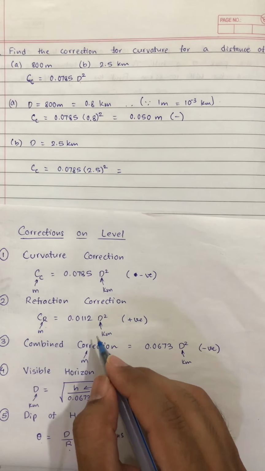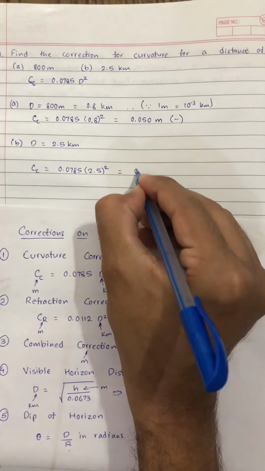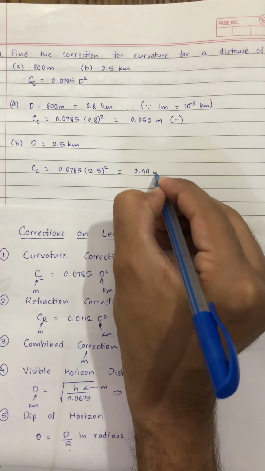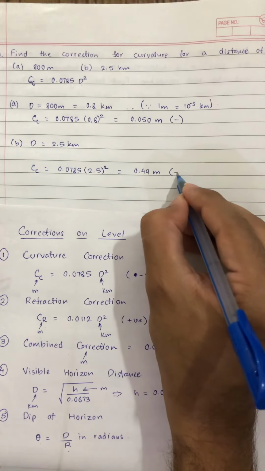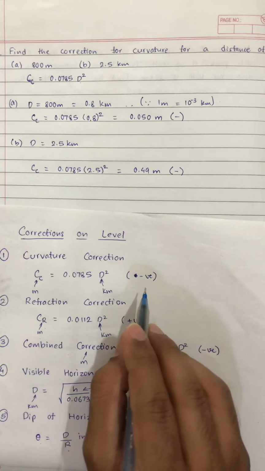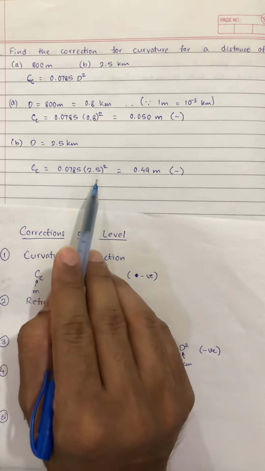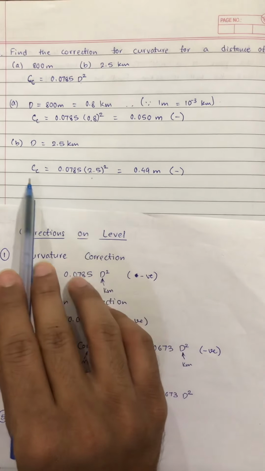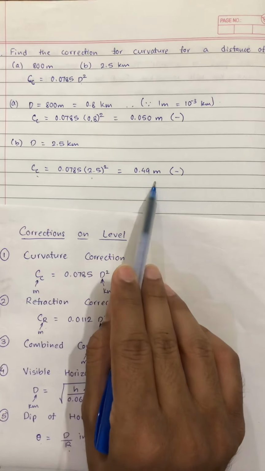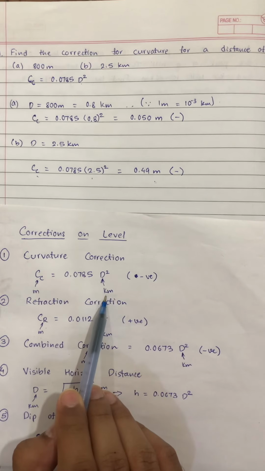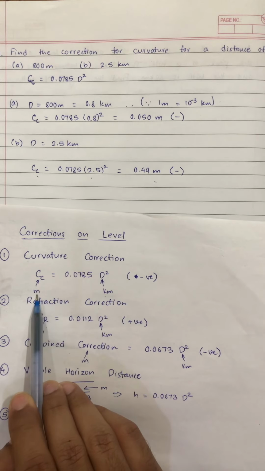This value comes out to 0.49 meter, and again the value will be negative. If you substitute the value in kilometer, the unit of Cc will be in meter.